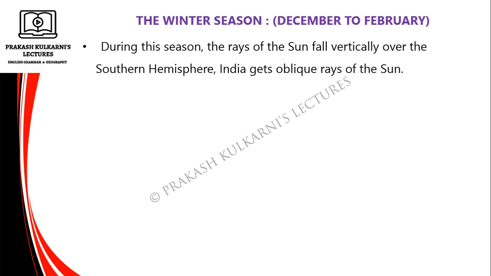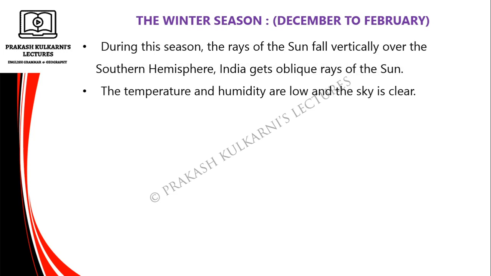India gets oblique rays or slanting rays of the sun. Therefore, we experience winter season in India. The temperature and humidity are low and the sky is clear. Please remember, sun is over southern hemisphere, India is in the northern hemisphere, therefore temperature is low and sky is clear.